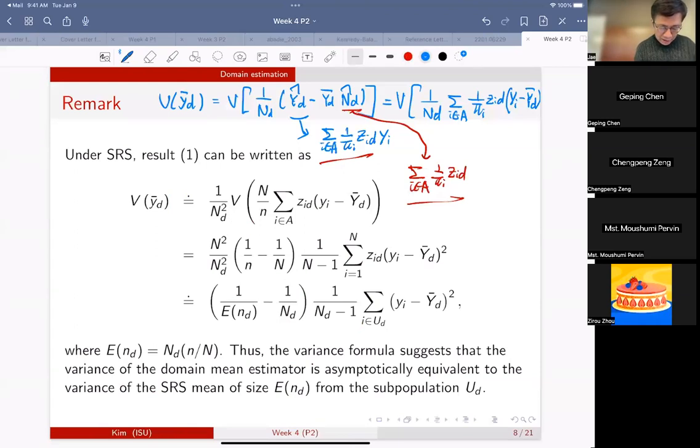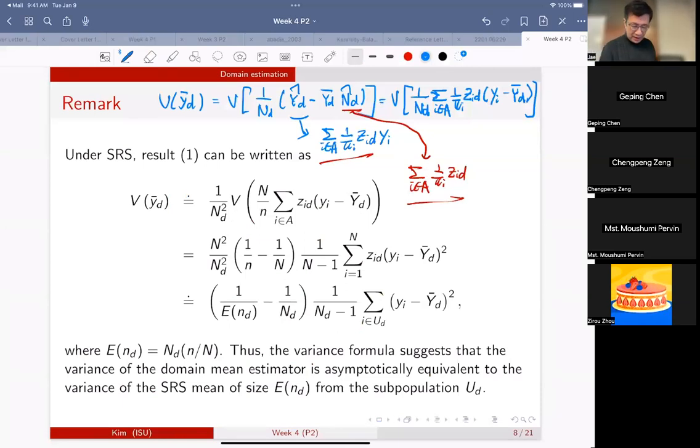I should write it smaller. Let me write it again. This is the general formula, and now we suppose simple random sampling, where the inclusion probability is small n divided by big N. You can obtain this under simple random sampling.